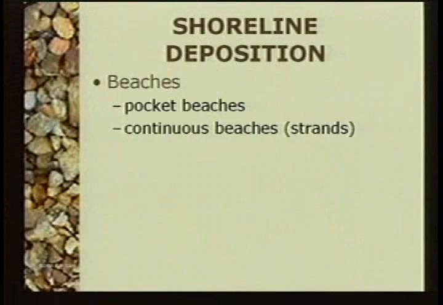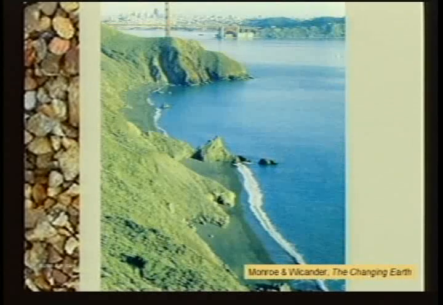Let's start with deposition. The most obvious form of deposition at the shoreline would be that of a beach. Now, beaches come in a variety of flavors. You can have pocket beaches, or you can have continuous beaches or strands. Let's look at a couple of examples of those. Here you see a beach area where you have very little isolated pieces of beach or accumulation of sand.